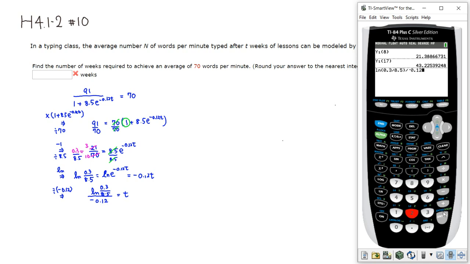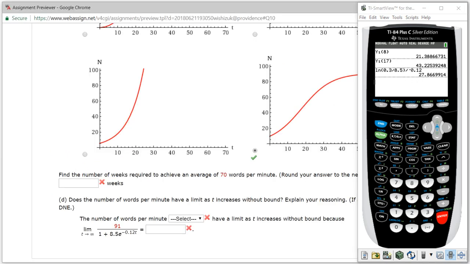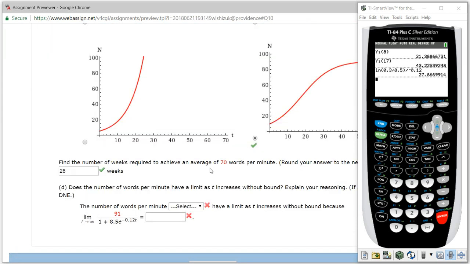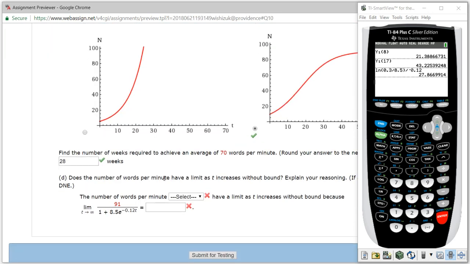Hit enter, and it came out to be 27.866. So what's the nearest integer? It's going to be 28 weeks. So the answer is 28 weeks. Let's check the answer. It came back and looks like we got this one correctly.